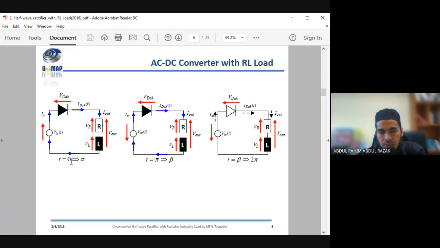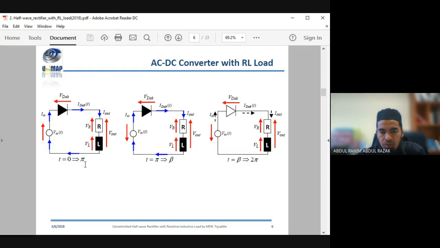From 0 to pi means 0 to 180 degrees, then from 180 degrees to the extinction angle. Beta is the extinction angle, meaning when the current crosses 0, then from the extinction angle up to the full cycle of 2 pi, 360 degrees.